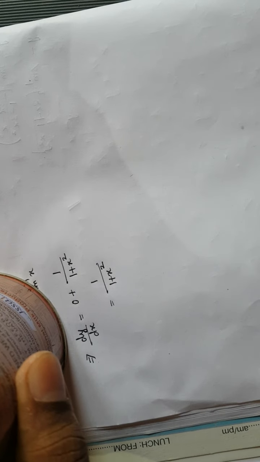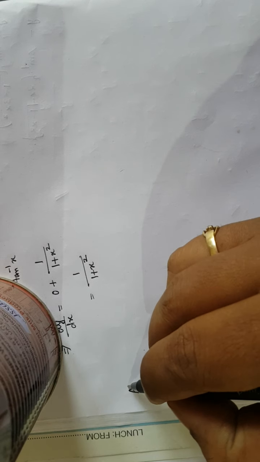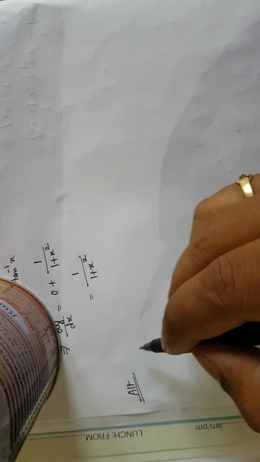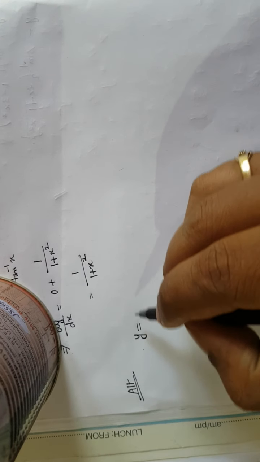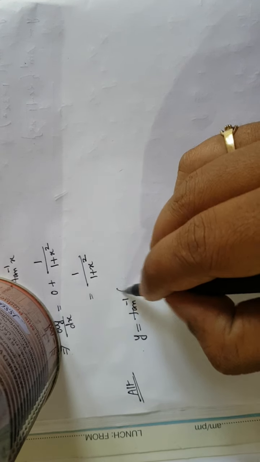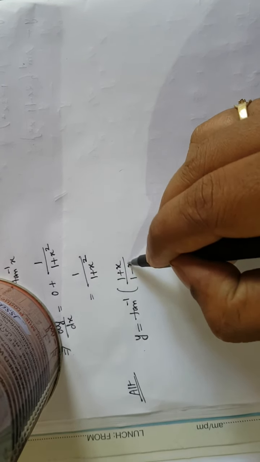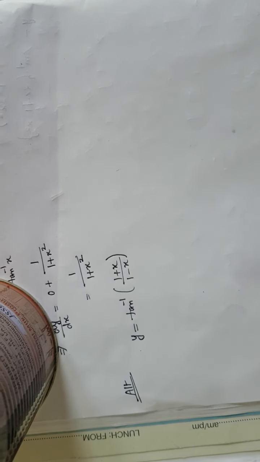Now we can change the method. Alternative. Now y is equal to tan inverse of 1 plus x divided by 1 minus x. Now if we apply the composite function method, there are two functions.